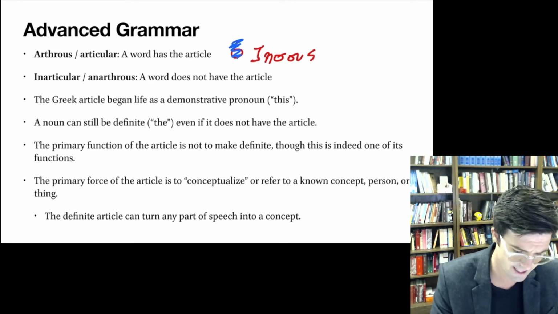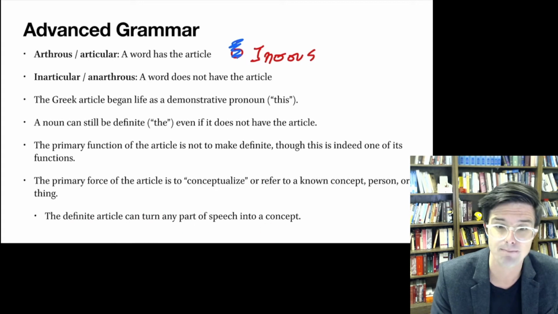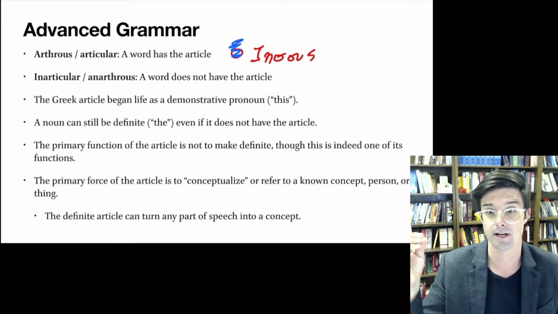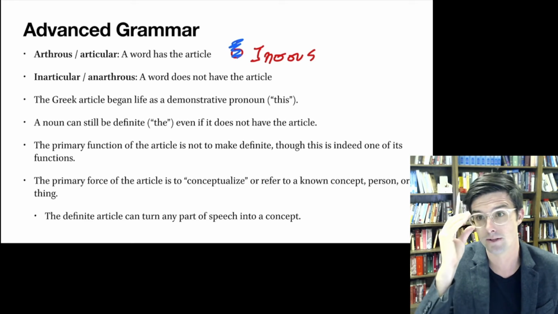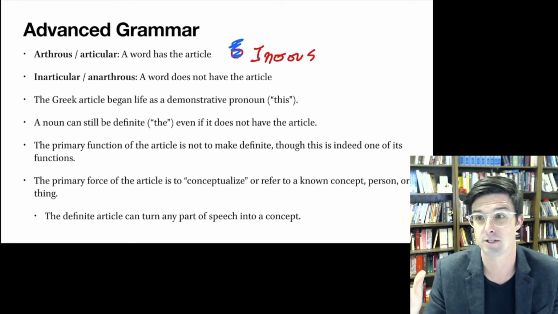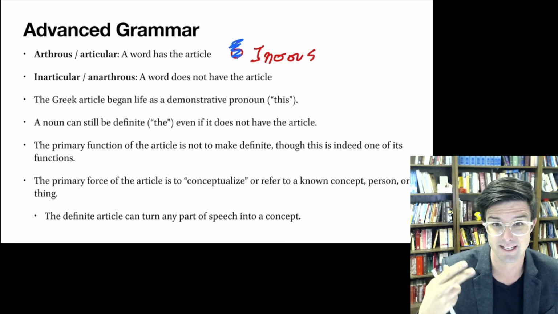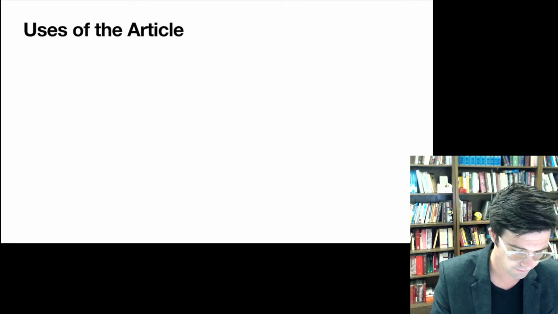And so related to this is that the definite article can turn any part of speech into a concept. So the definite article is not only going to go with nouns, it's going to go with other parts of speech as well: participles, verbs, prepositional phrases, and the like.